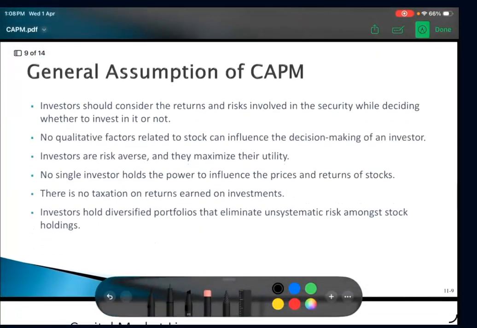What are the general assumptions? It is important to understand these in order for the capital asset pricing model to hold good.